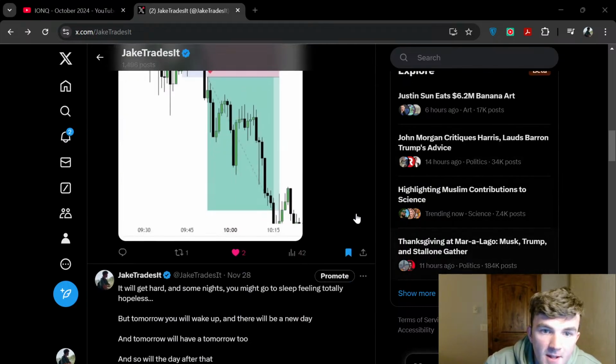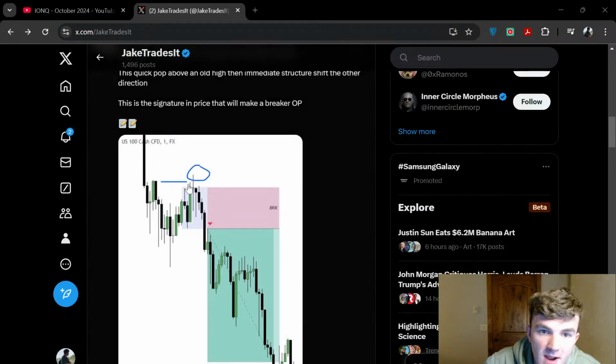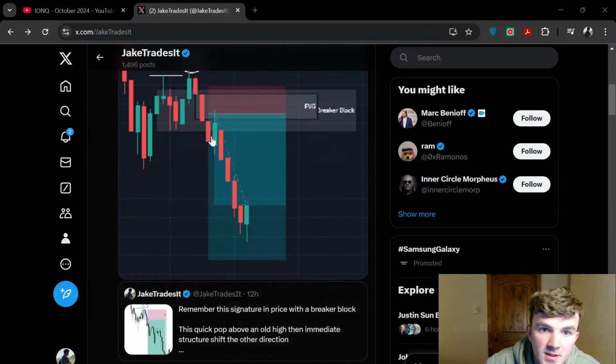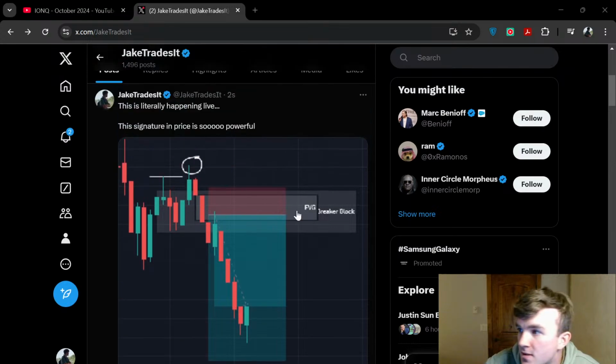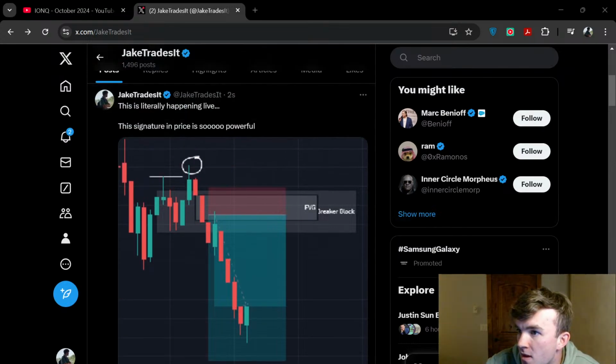Guys, remember this signature in price. This quick pop above an old high and then a market structure shift. You guys see how powerful this is. I mean, genuinely.